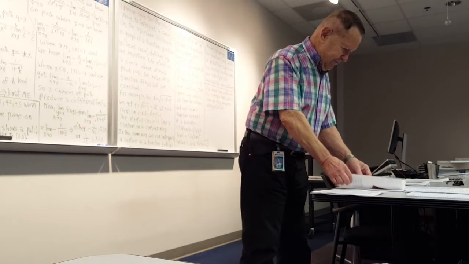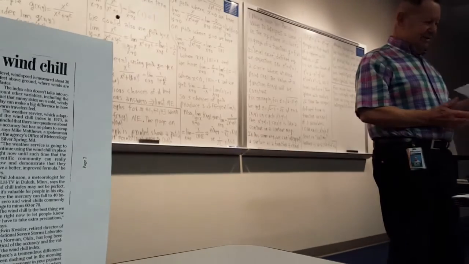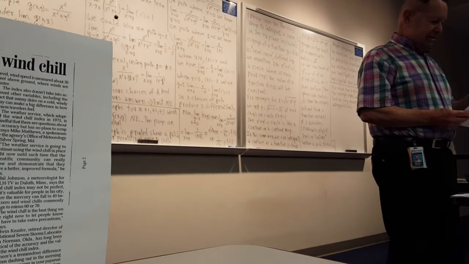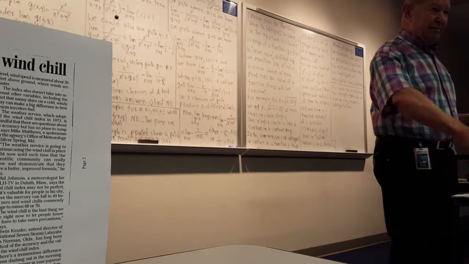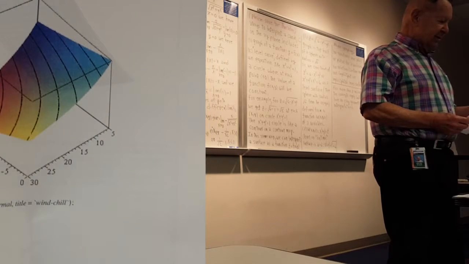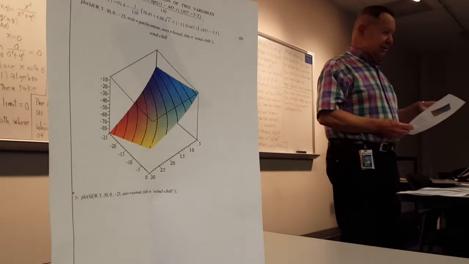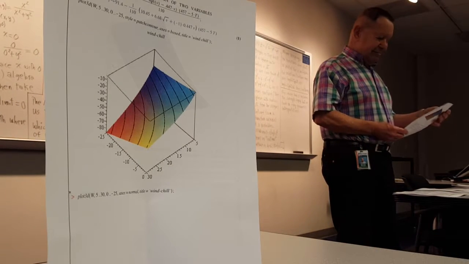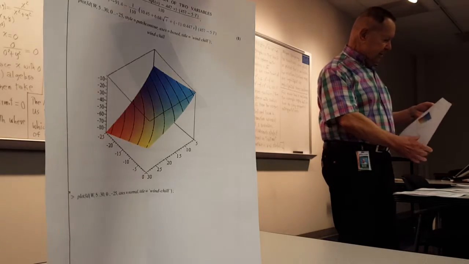Now, if you're looking at Maple, say you look at the other sheet of paper, this is the formula that produces the numbers that are in the newspaper article if you round off the readings. So W then is your wind chill, so that would be the number that's in the body of the table of data.